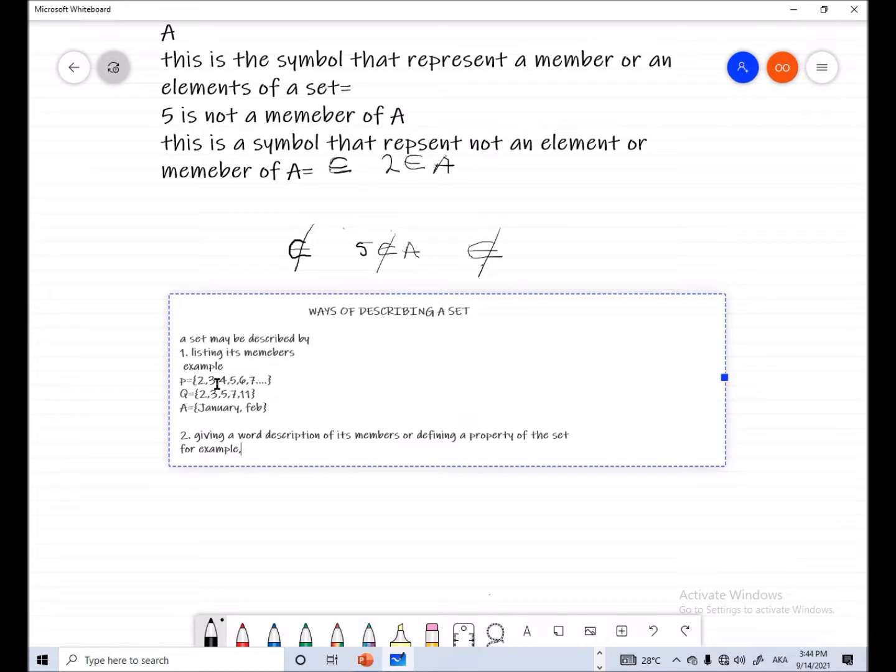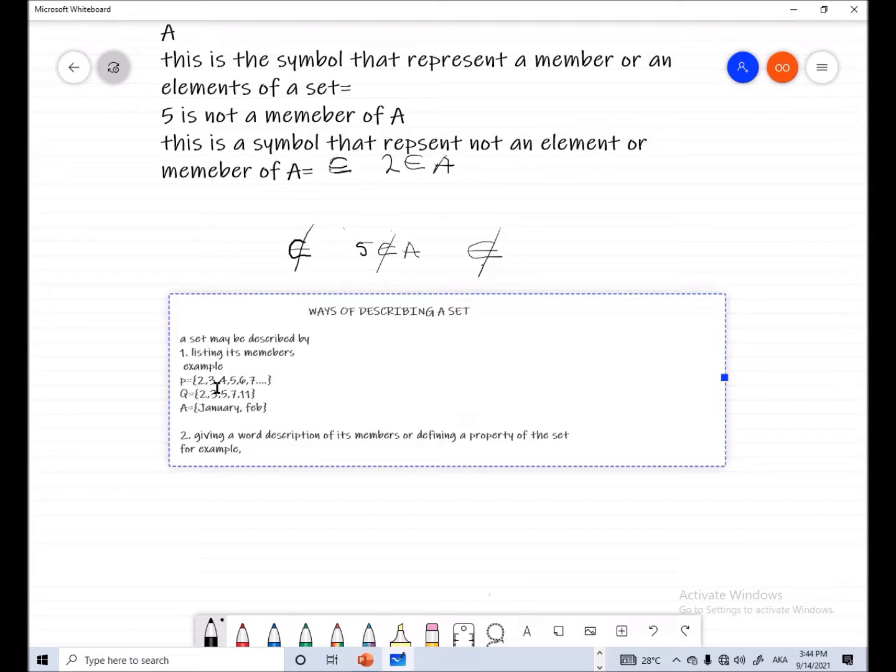Instead of rewriting 2, 3, 4, 5, 6, 7, we can use a property to describe it. Or January, February, March, April, May, June. We can use a description for it.